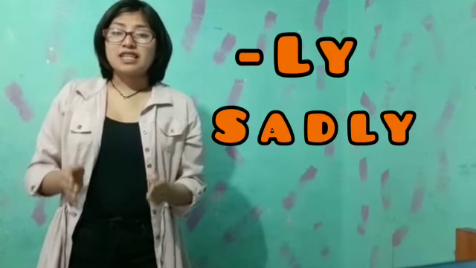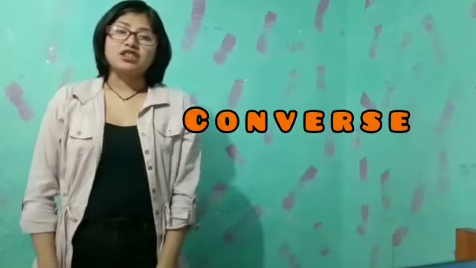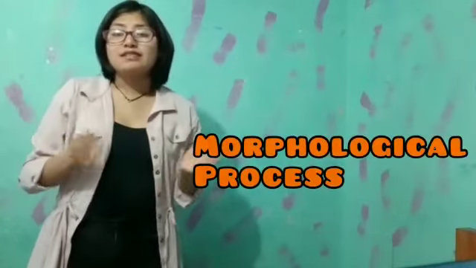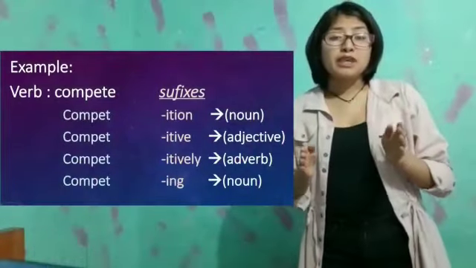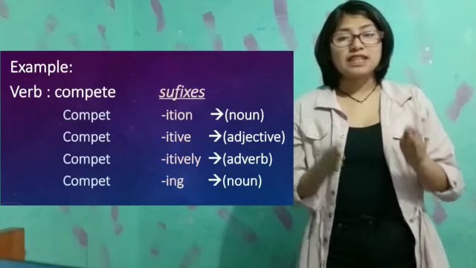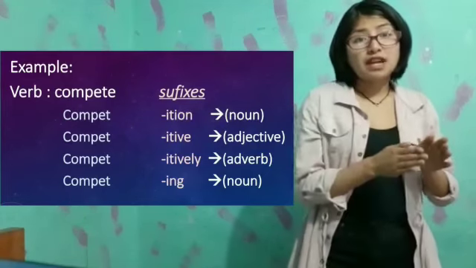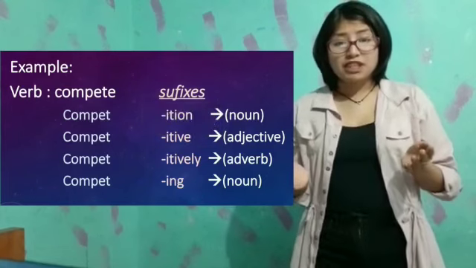Derivation can be defined as the converse of inflection. Derivation is a morphological process that results in the formation of a new lexeme. For example, in the verb compete, when we add the suffix ition, we form a noun and it is competition.